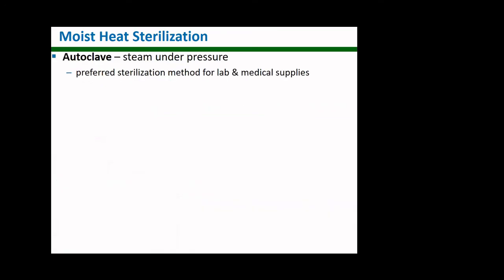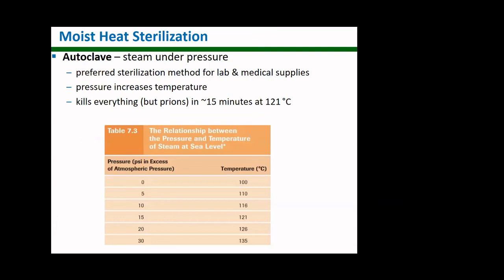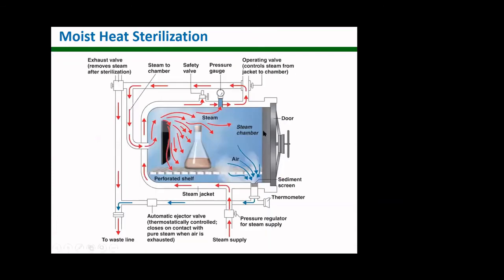So in order to get water hotter than its boiling point, you have to use an autoclave. An autoclave is kind of like a big metal chamber that produces really, really hot steam. Water normally turns to steam at 100 degrees Celsius. In an autoclave, they take this chamber and pressurize it a lot, so much so that the water and the steam can get really, really hot without the water completely evaporating.